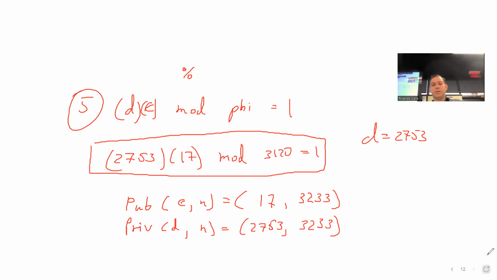All right, so now let's proceed to do the encryption. So now let's take a look. Encryption should be C is equal to M to the E mod N. So that's going to be C equals 65 to the, what's E? 17, mod 3233.